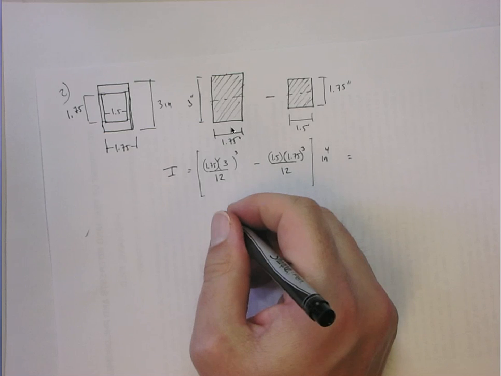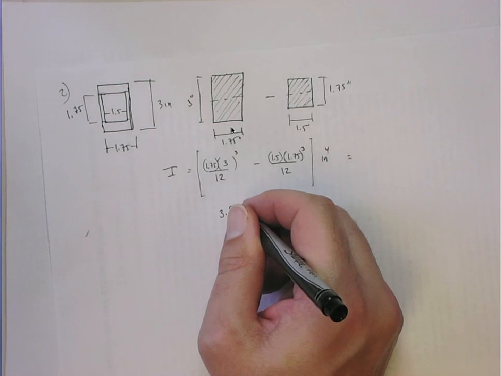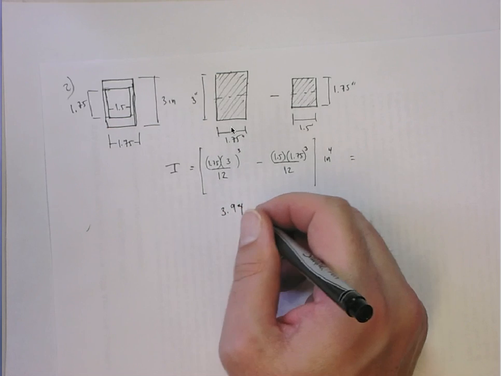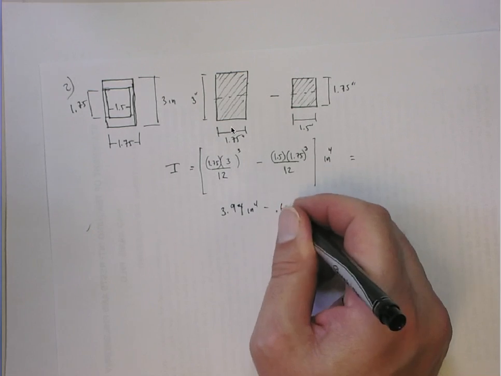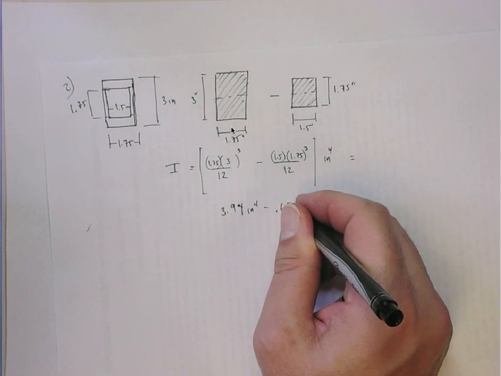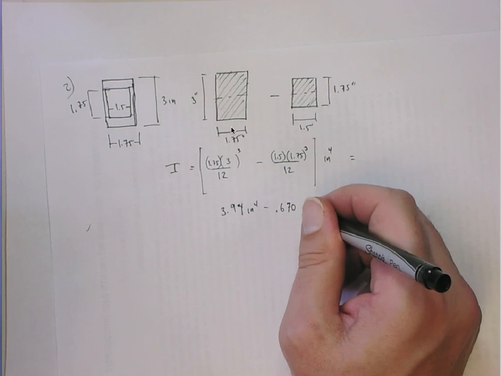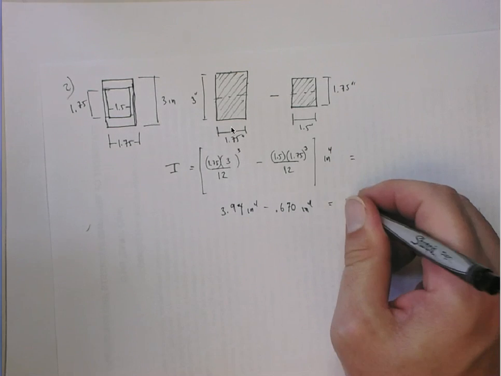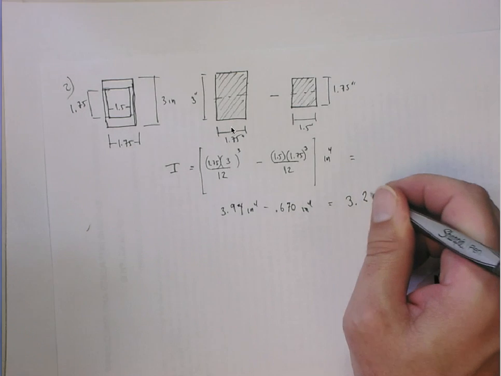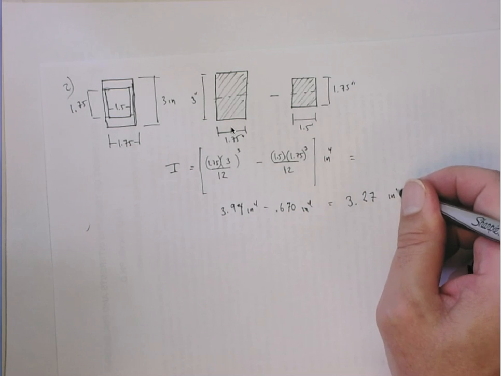So this becomes 3.94 inches to the 4th minus 0.670 inches to the 4th. And so that equals 3.27 inches to the 4th.